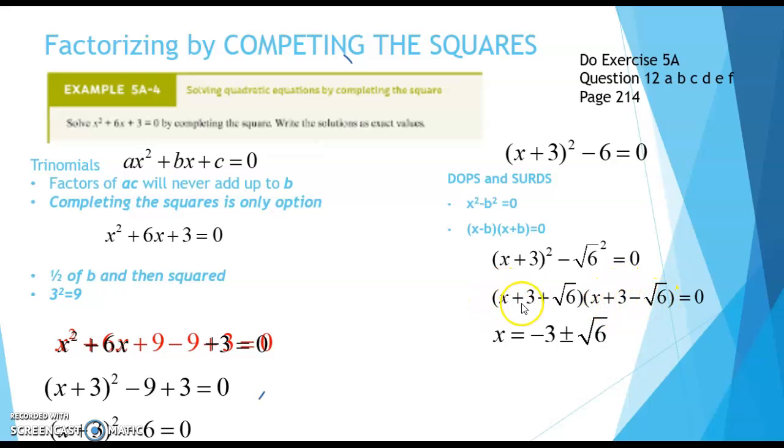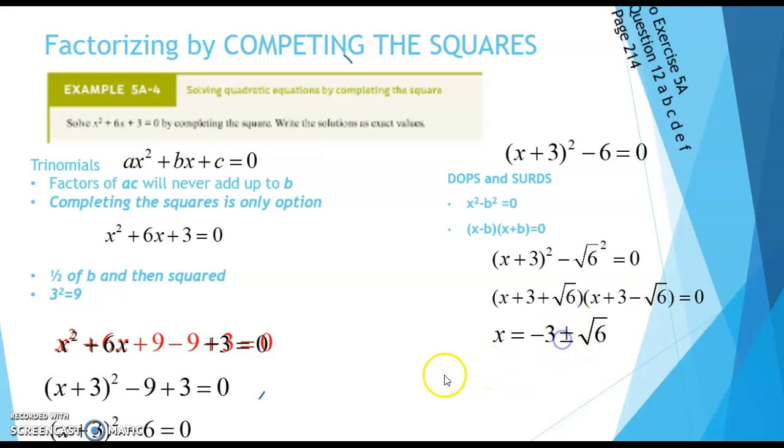Remember, that's our b term. All of that has to be opposite. Minus, minus, and minus, and plus. And there's your two roots.